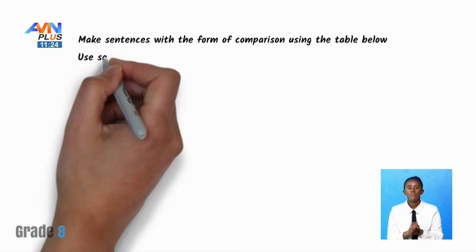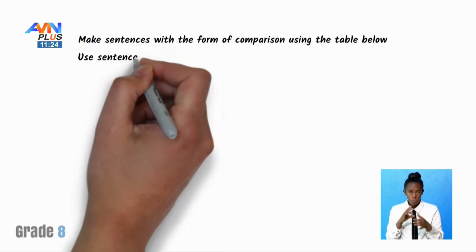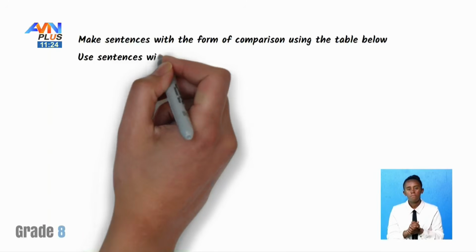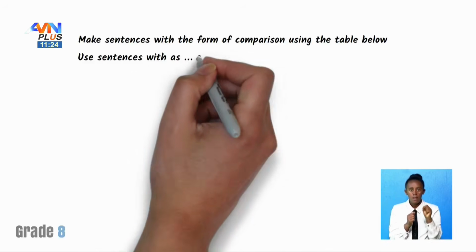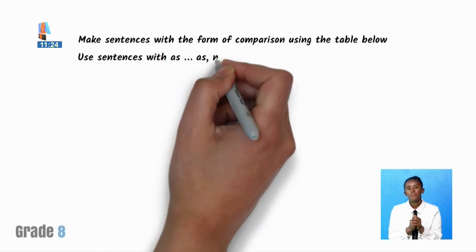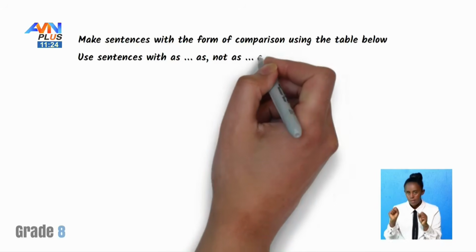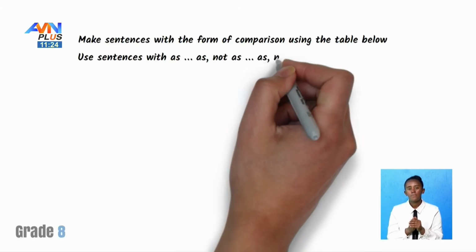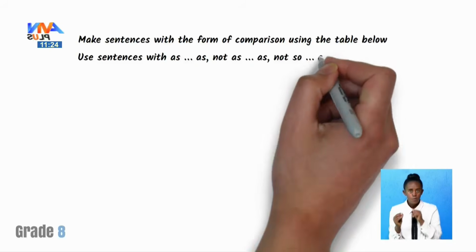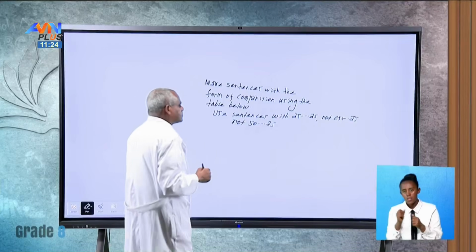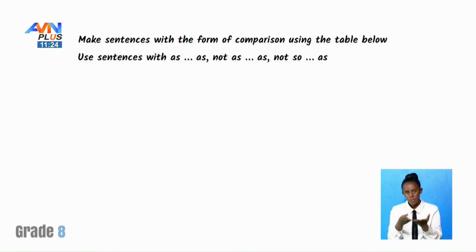Use sentences with as, not as, and not so as. Let me give you this table, all right? The table is here now.